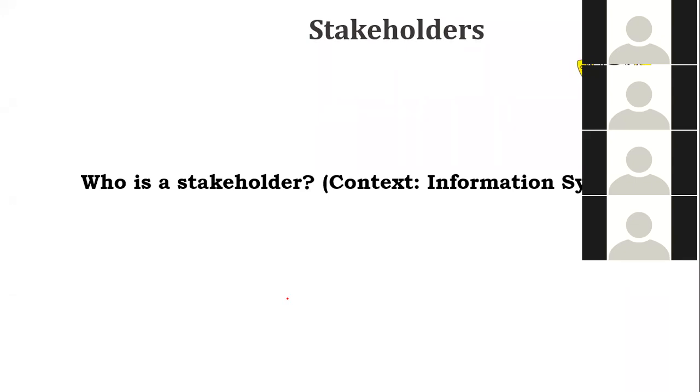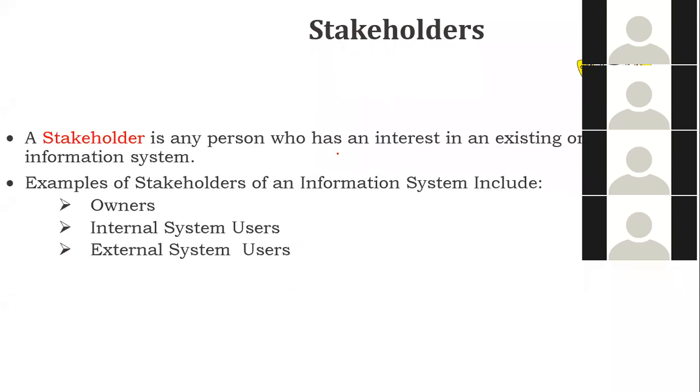Who is going to be affected, or who is going to affect the system itself, either positively or negatively? These are the stakeholders. A stakeholder is any person who has an interest, positive or negative, in an existing or proposed system.